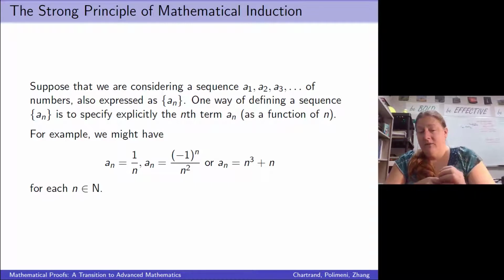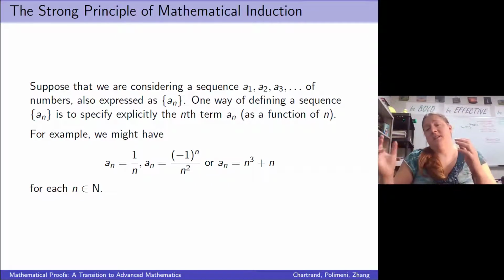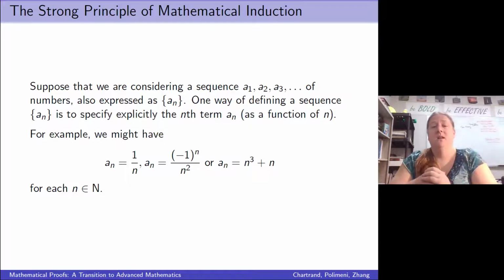And I might have one that's defined as A sub n equals negative 1 to the n over n squared. I might have one that's defined as A sub n equals n cubed plus n. Those are all three different sequences. And each one of these is talking about n being a natural number.